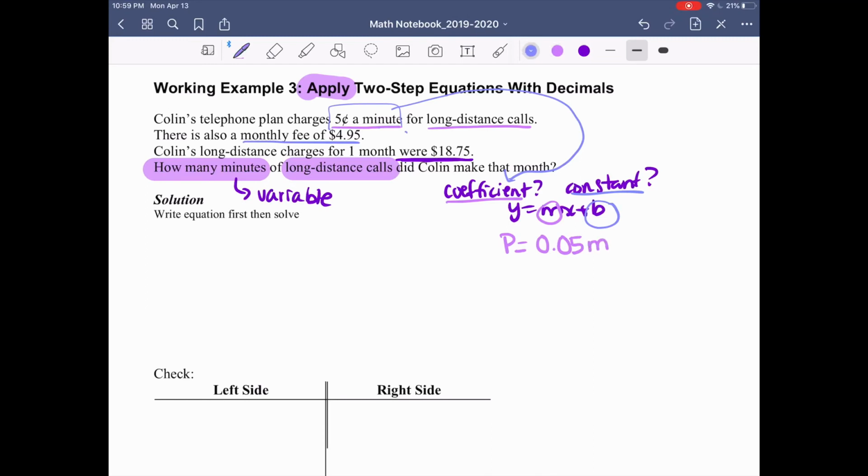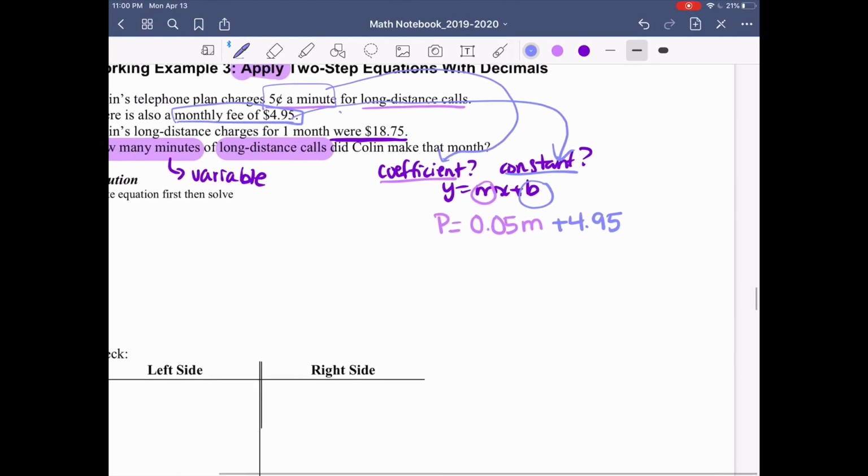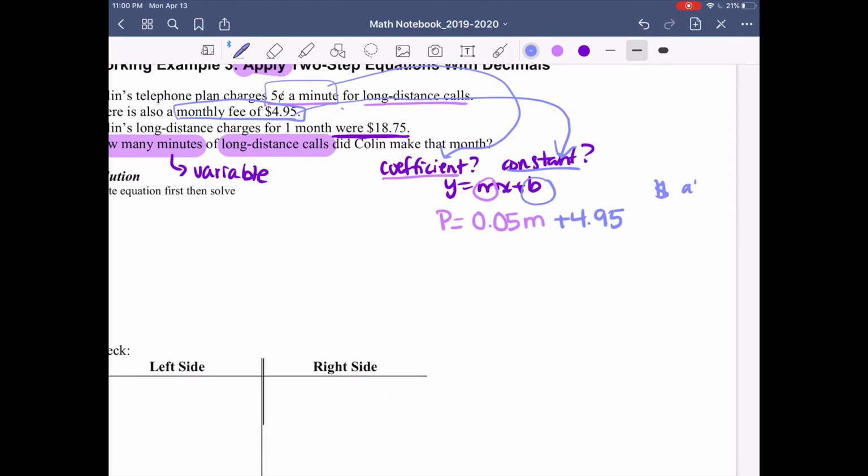And then his monthly fee, no matter what, is $4.95. That would be our constant. No matter what, he's paying $4.95. So the money is all in dollars. You can't have one of them in cents and one of them in dollars. It doesn't work, so put them both into dollars.